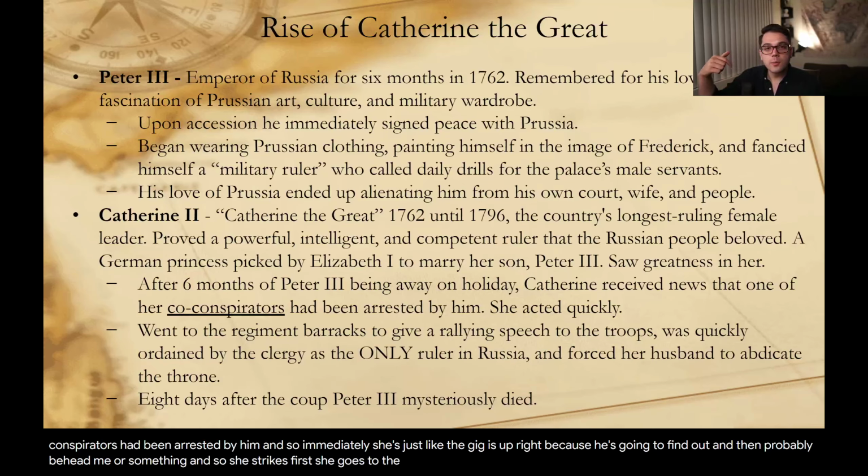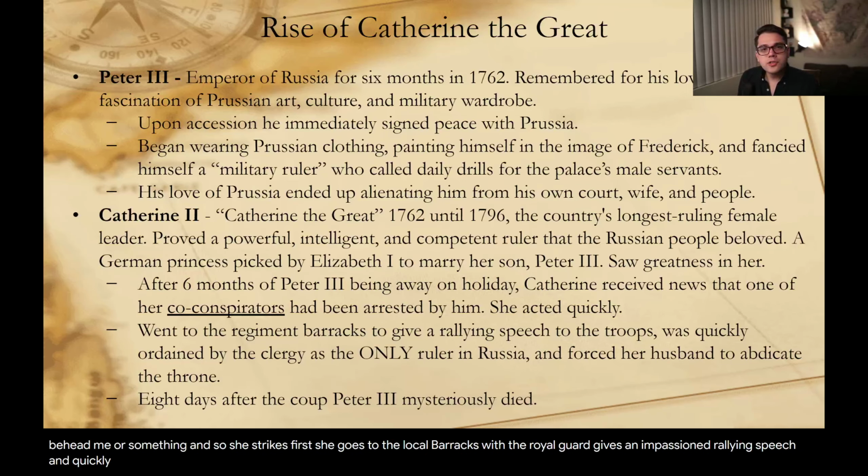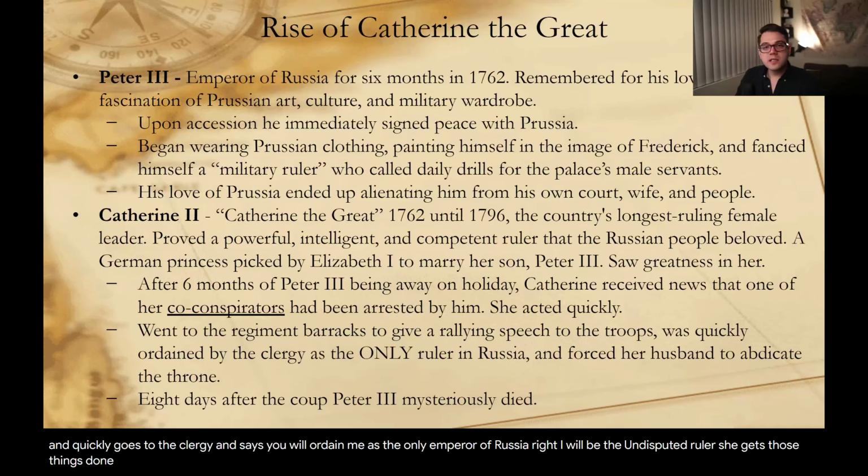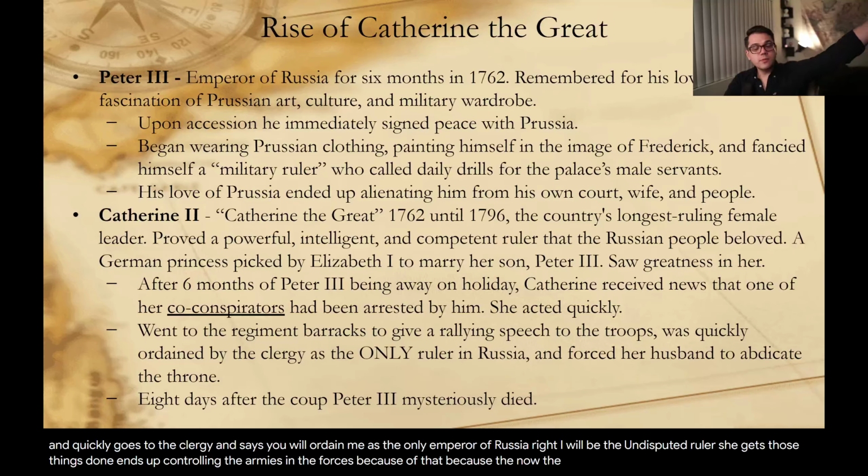She goes to the local barracks with the royal guard, gives an impassioned rallying speech, and quickly goes to the clergy and says, "You will ordain me as the only emperor of Russia, right? I will be the undisputed ruler." She gets those things done. Ends up controlling the armies and the forces because of that, because now all of the legislation and all the rule is coming from the top.